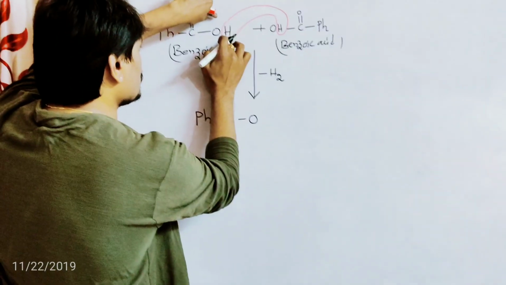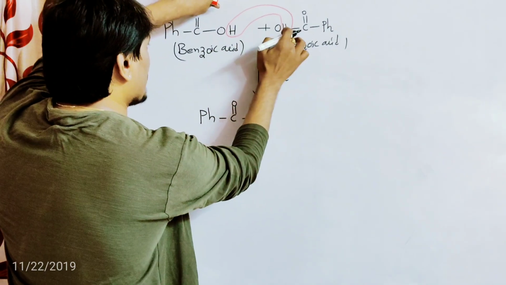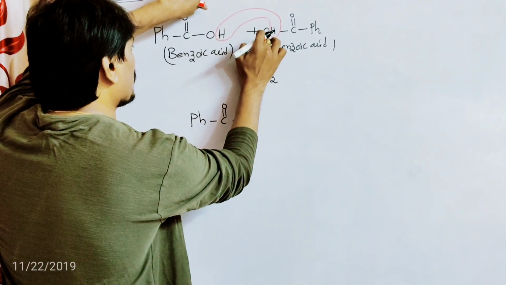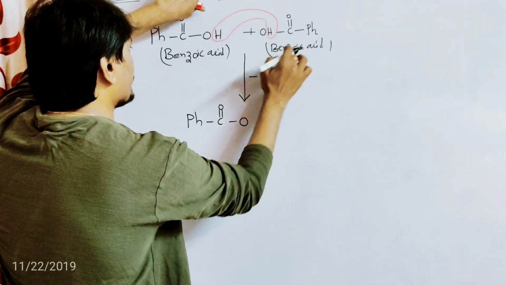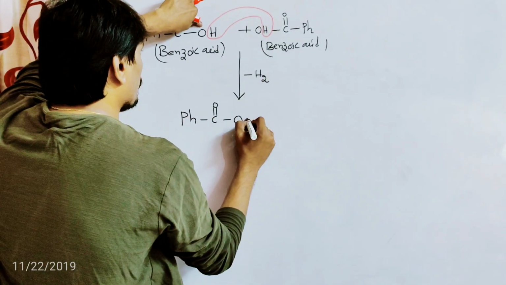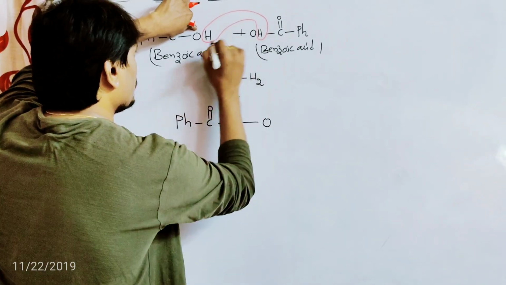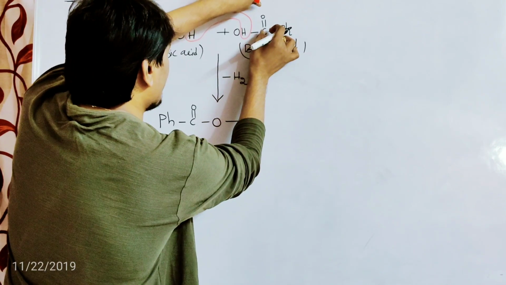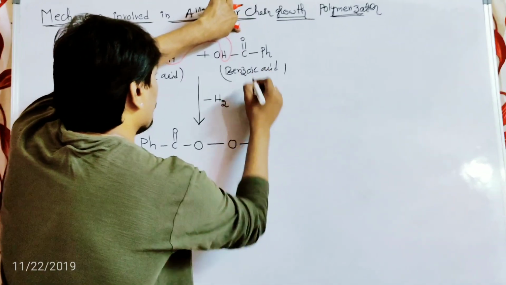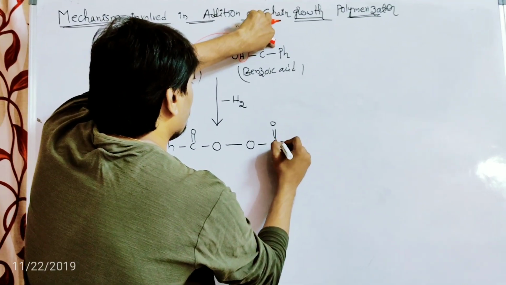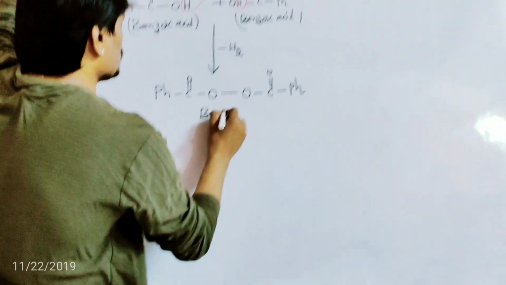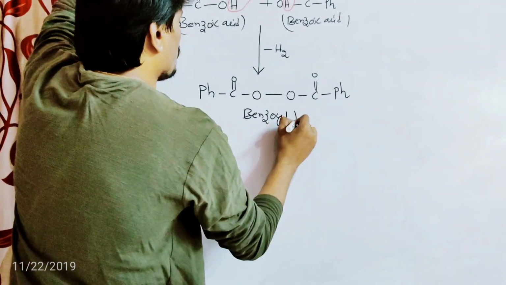Now this hydrogen is not there and this hydrogen is not there. Now the oxygen links to the other oxygen of the second benzoic acid molecule: O, O. Next, there is no change in the C double bond O. Next, Ph, there is no change in the Ph. So this is the benzoyl peroxide.